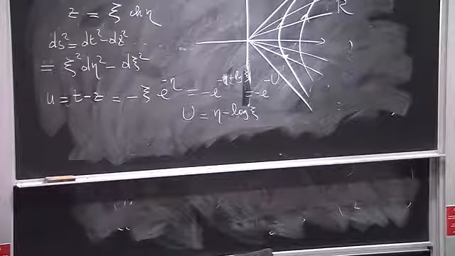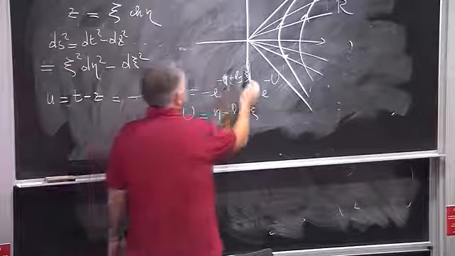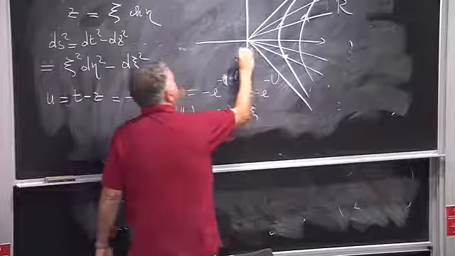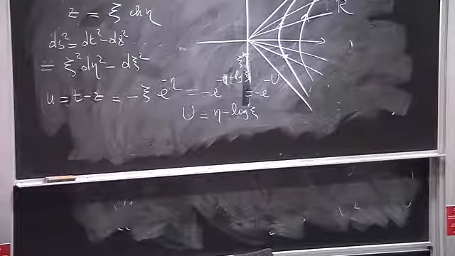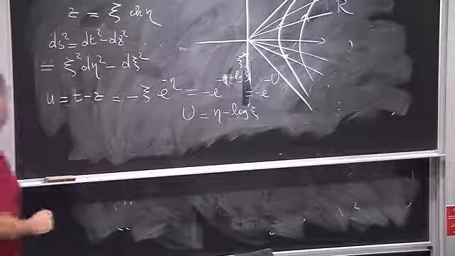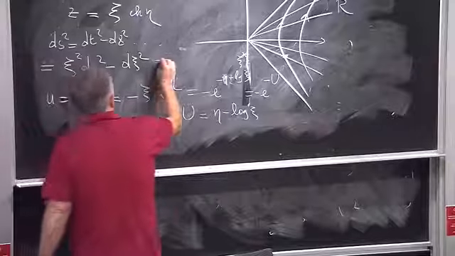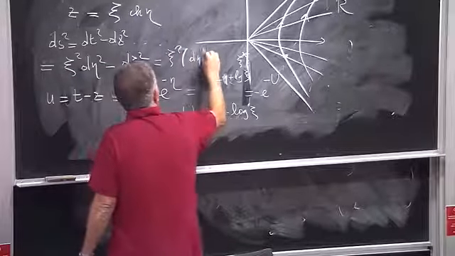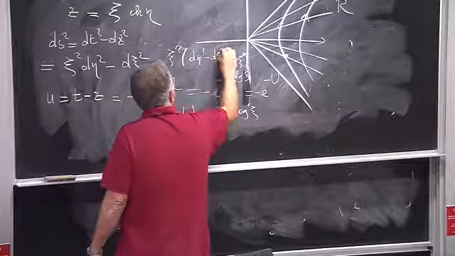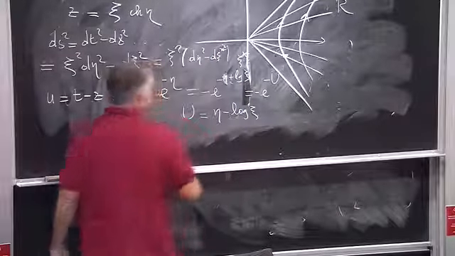You can call this log psi star, which is going to be the analogue of the tortoise coordinates in the black hole. And if you use those coordinates, you get a metric which is conformal to the Minkowski metric.